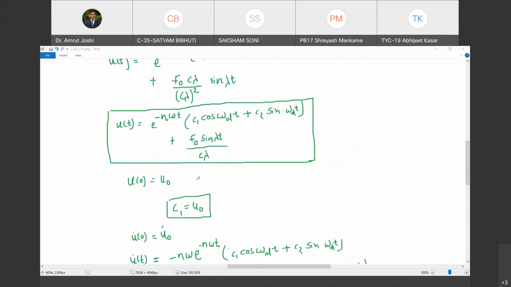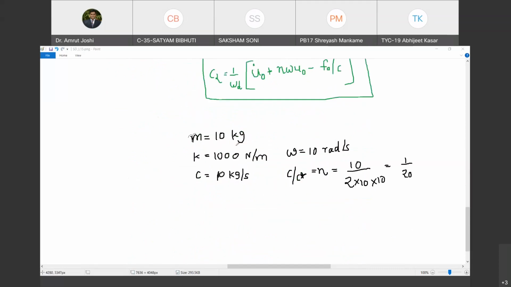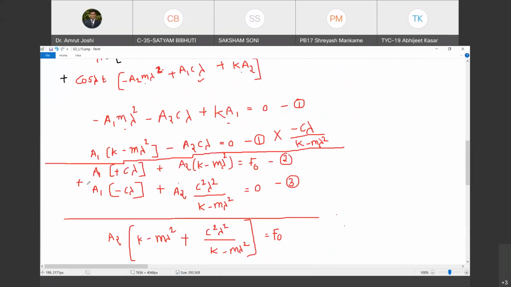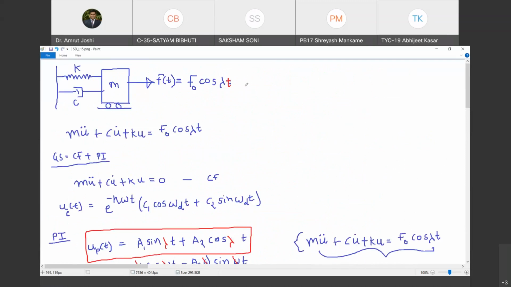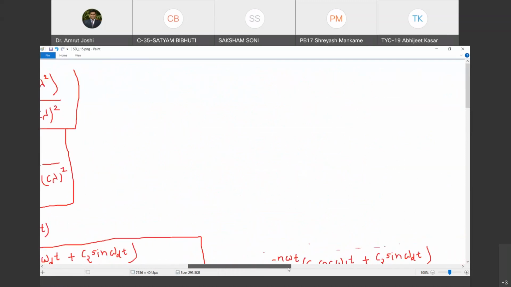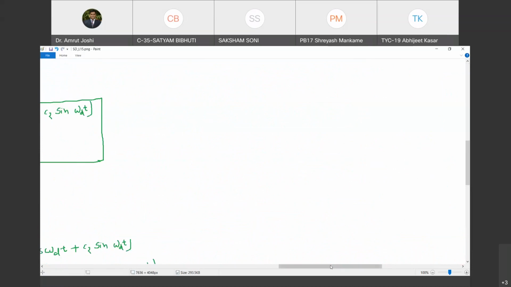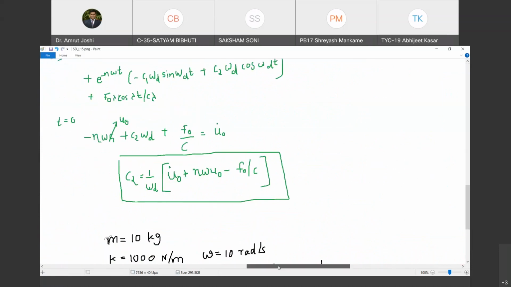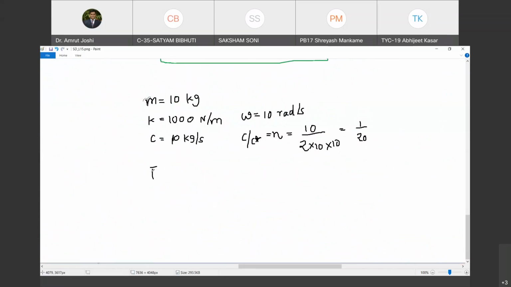So c upon c star, that is eta, becomes 1 by 20. So what is the response of the system? I will write down the response of the system, and let us say the forcing function, what is the force that we are applying? F0 cos lambda t. Let us say F0 is 100 Newton.